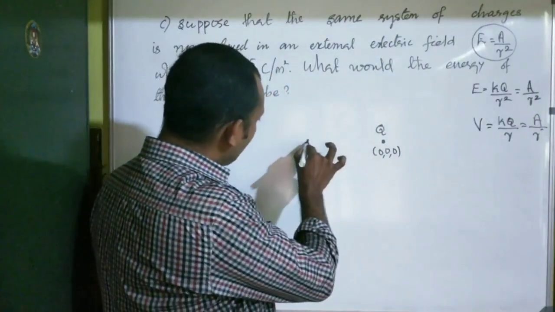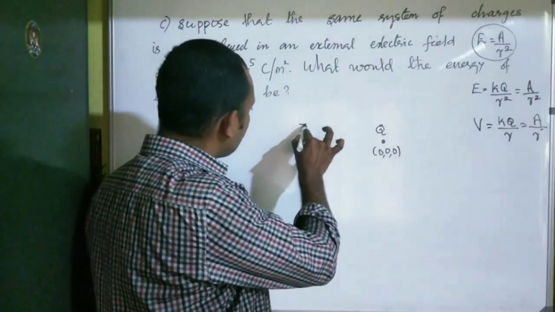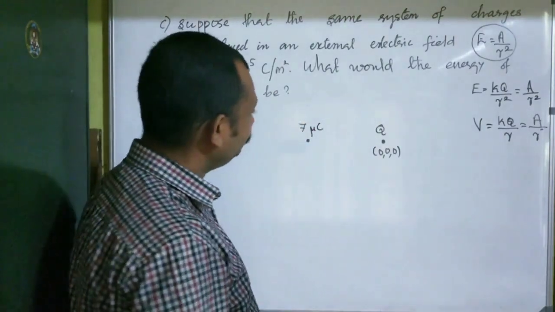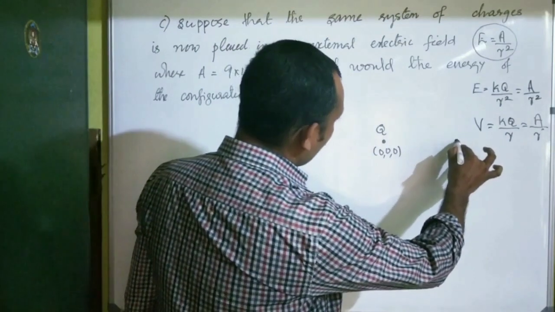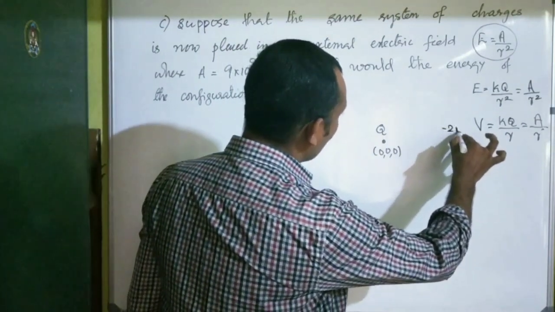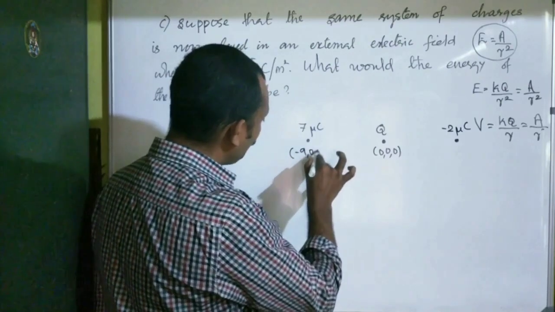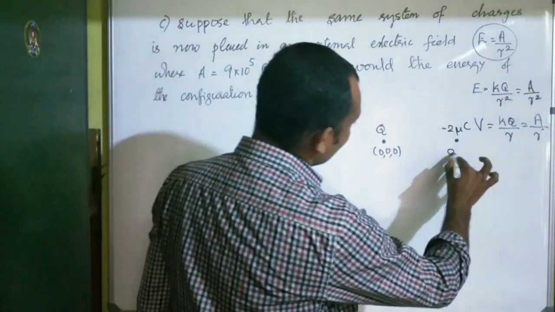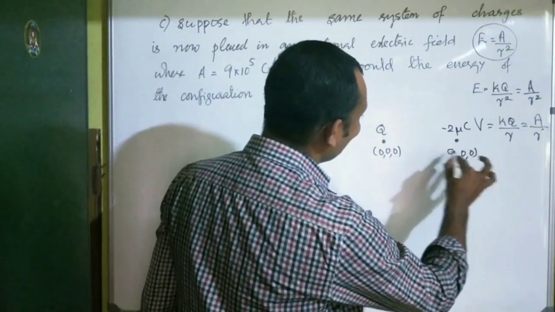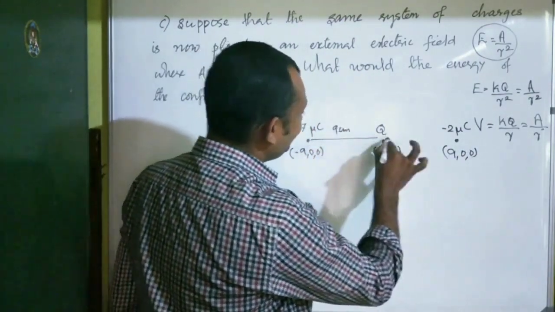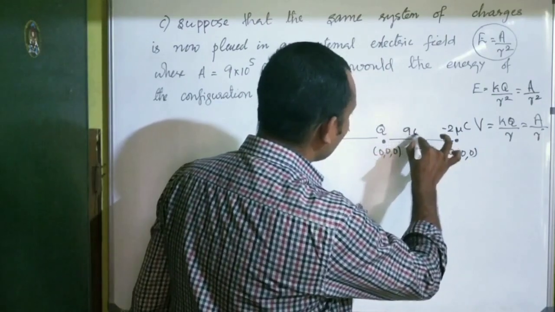In that situation, the other one, this is 7 microcoulomb, it is located here. Then minus 2 microcoulomb is located here. The coordinates of this one is minus 9, 0, 0. This is 9, 0, 0. This distance is 9 centimeter. This distance is 9 centimeter.